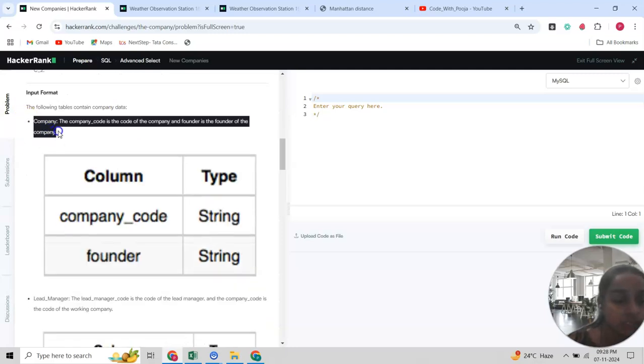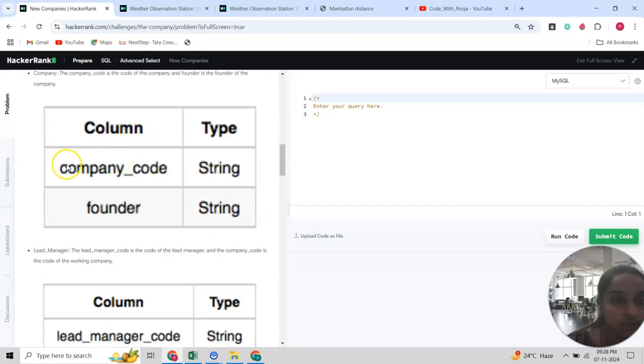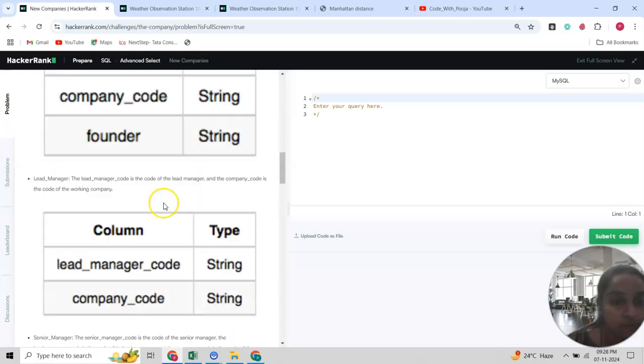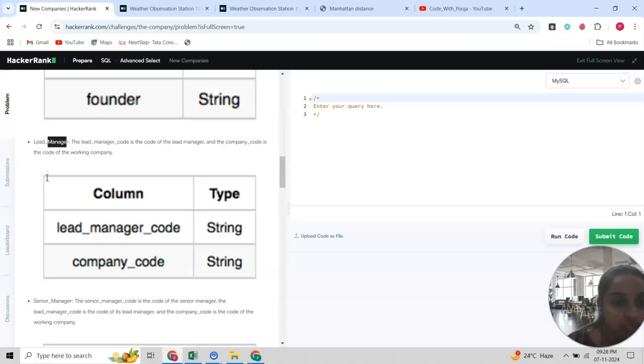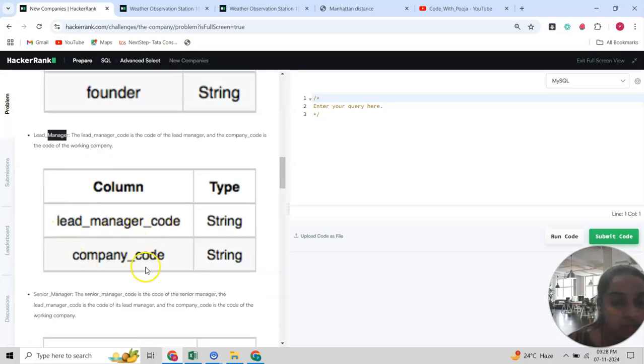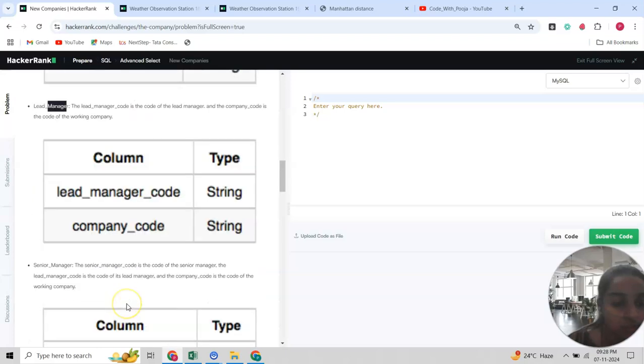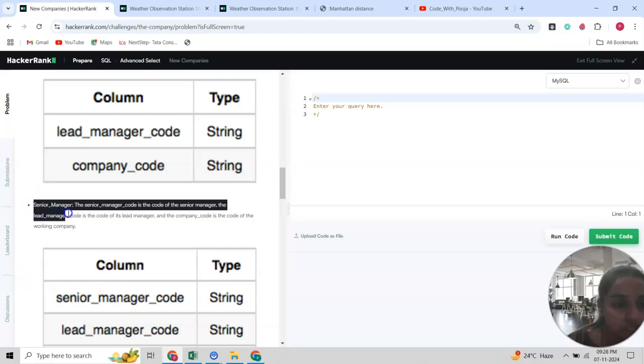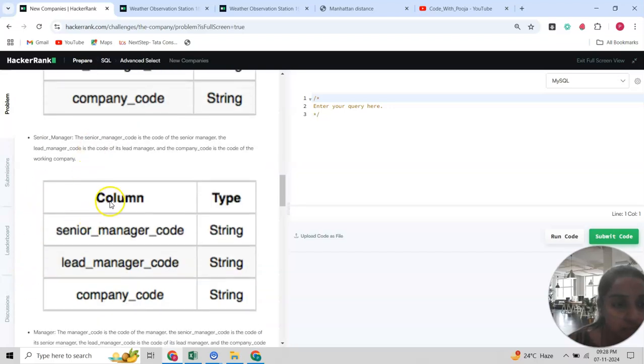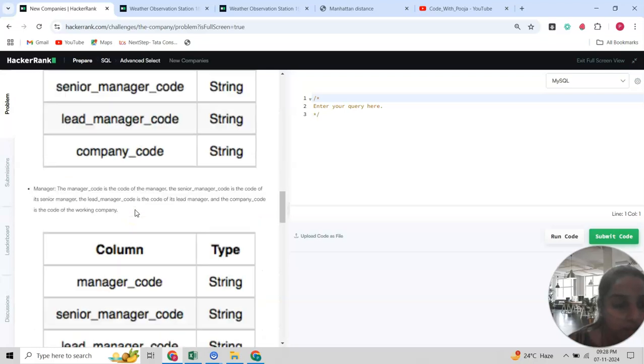There is a Company table having two columns, company code and founder. The Lead Manager table has lead manager code and company code. Company code is common in both tables. The Senior Manager table has three columns: senior manager code, lead manager code, and company code.